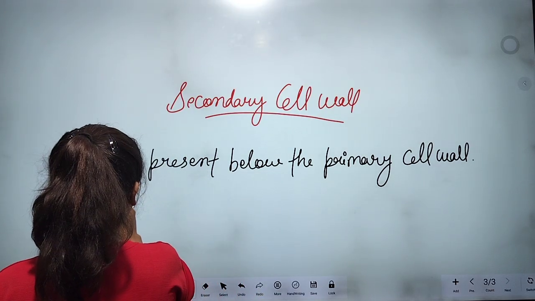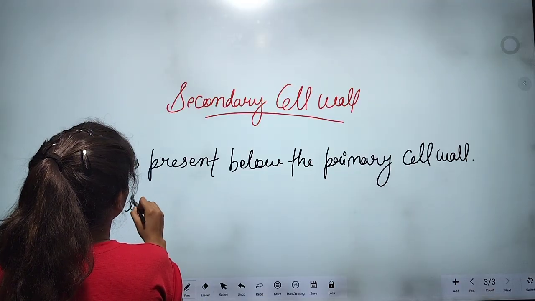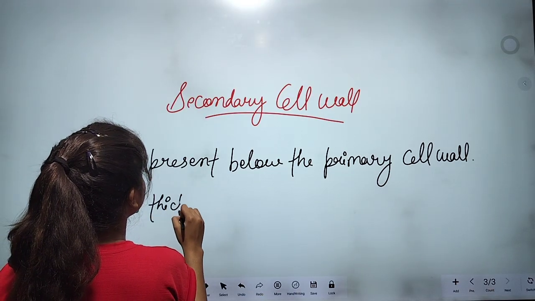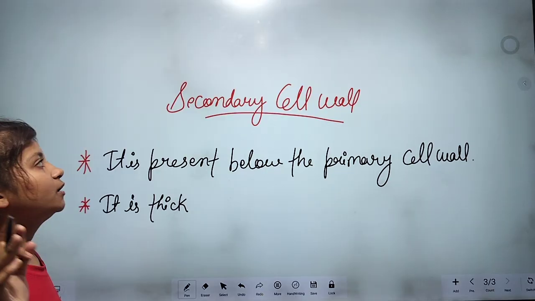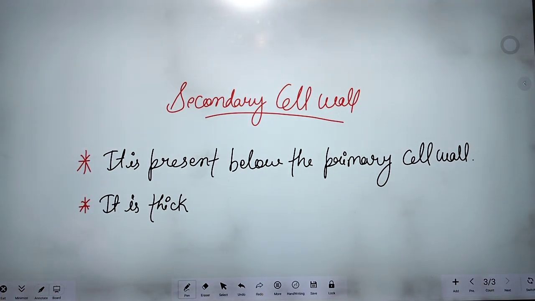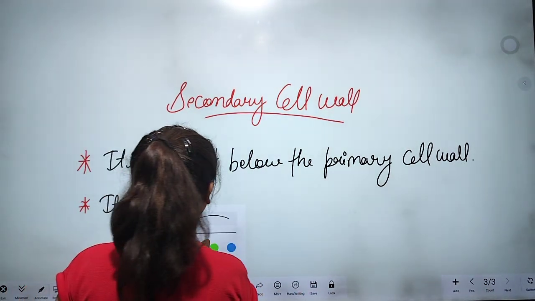Next, the primary cell wall is thin, but the secondary cell wall is thick with respect to the primary cell wall.